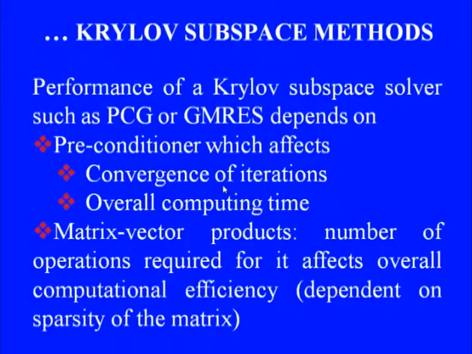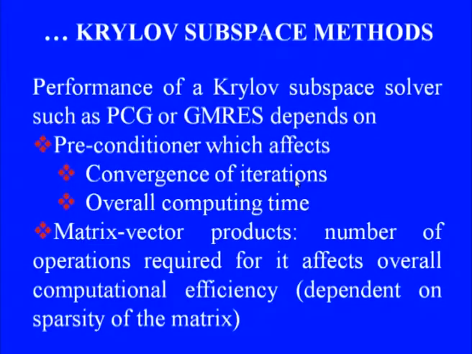Now, the performance of a Krylov subspace solver such as conjugate gradient or GMRES depends on two factors. The first factor is the choice of preconditioner, which primarily affects the convergence of the iteration, and it also affects the overall computing time, because if each call to the preconditioner is very time consuming, that is going to affect our overall computing time.